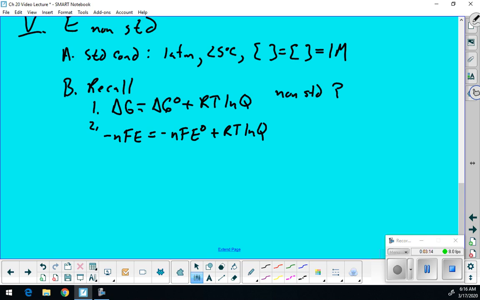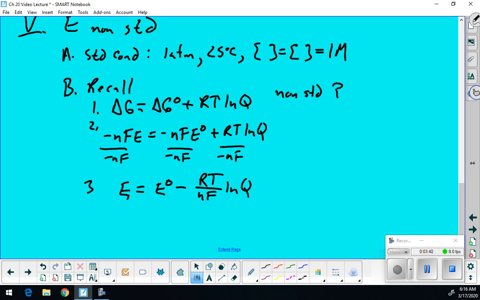So let's divide everything by minus NF. And so that means what? That would mean my E is equal to my E prime minus RT over NF natural log of Q, right?